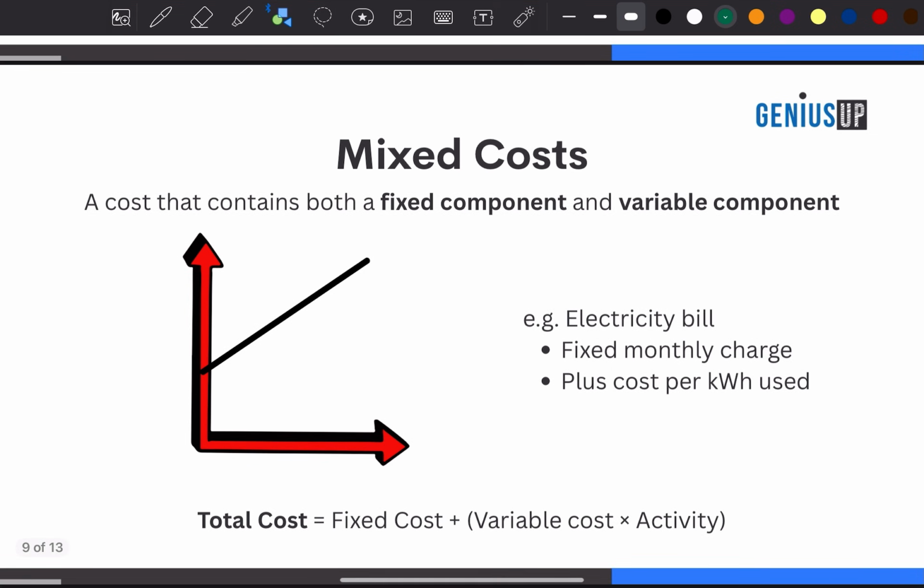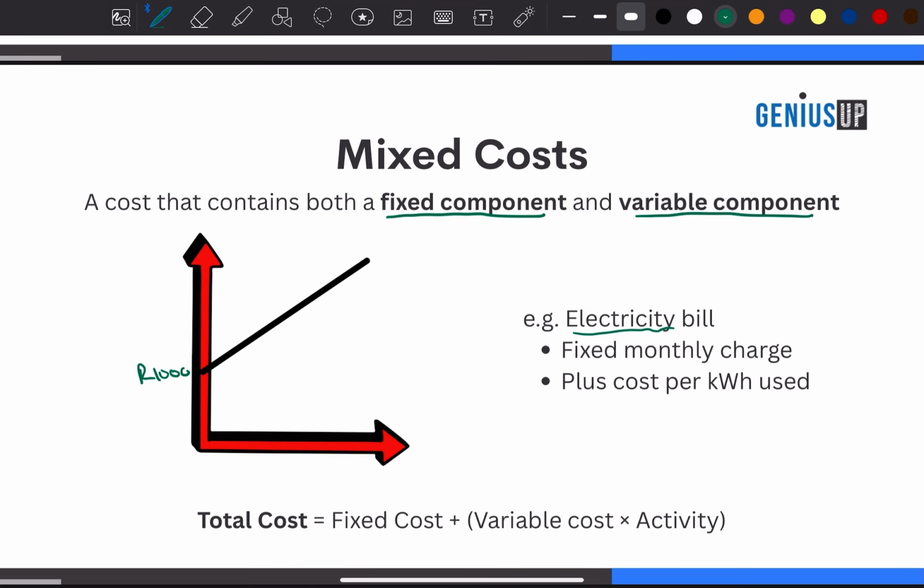And then we have mixed cost, really important to understand as well. A mixed cost is basically a cost that contains both a fixed component and a variable component. I'm going to make an example with an electricity bill. Let's say in your area, ESCOM or whichever electricity provider, they charge you a certain monthly fixed amount to be connected to the grid, let's say 1,000 rand.